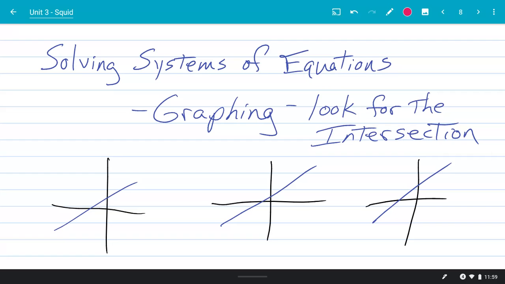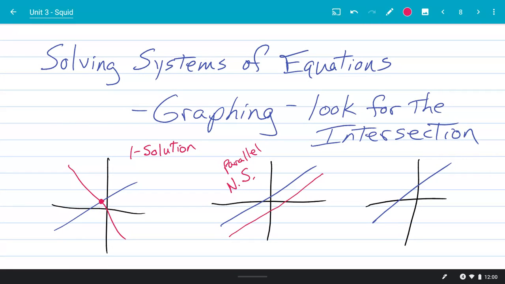In this first one, I could have 2 lines that intersect like this, and this has 1 solution. I could also have 2 lines that are parallel, and therefore they would never intersect. That would have no solution.